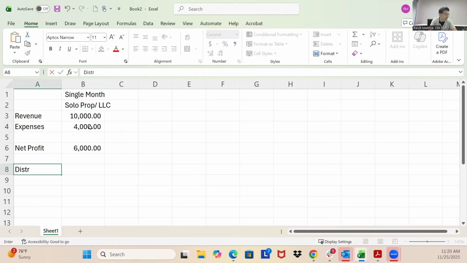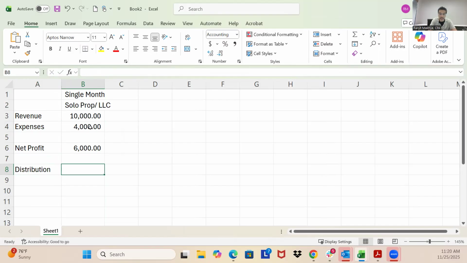One is what is called a distribution. I would say let's take out $4,000. The reasoning why you don't want to take out the total 6,000 is because you still need the operating cash flow for the business. If you don't do that, you're not going to be able to pay for your operation. So you have $4,000 as your distribution.